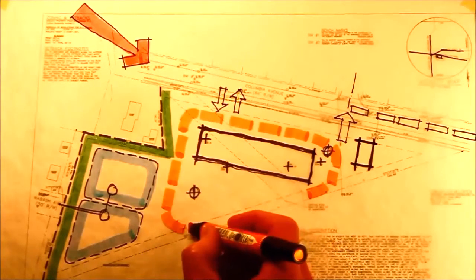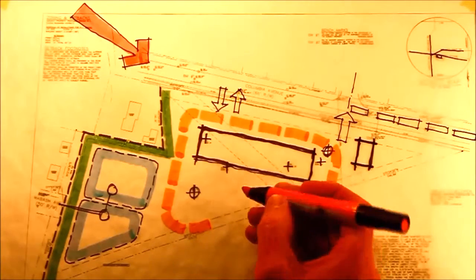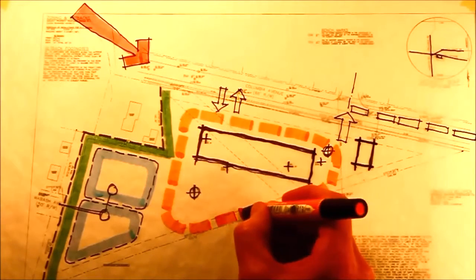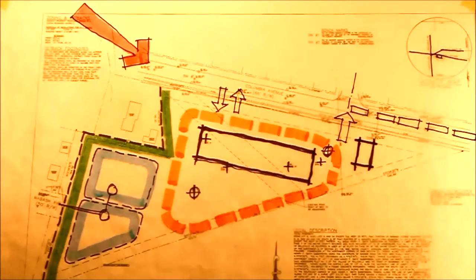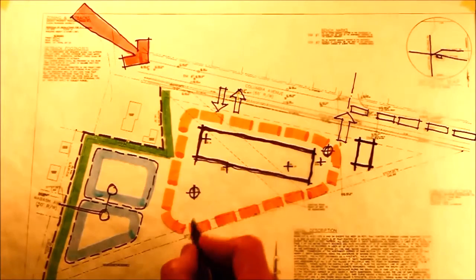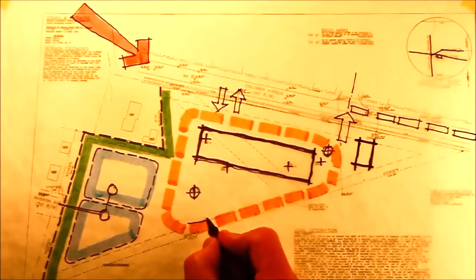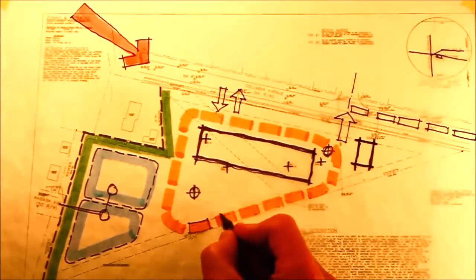We'll give it a turn aligning back up this direction. Now remember, we're up against a railroad track on the south side, and we don't have any buildings back here, so we don't have a setback that we have to respect.